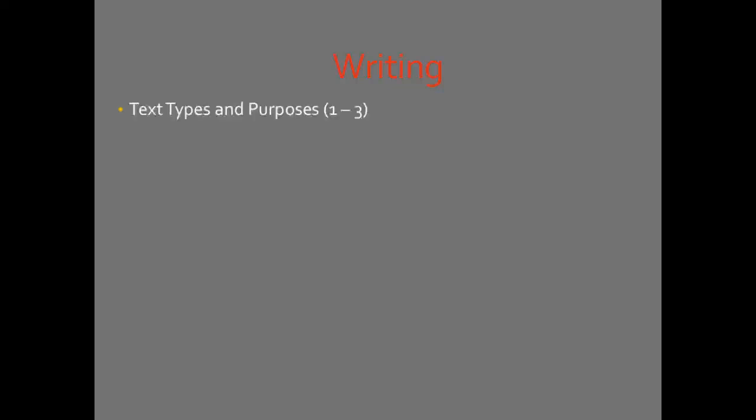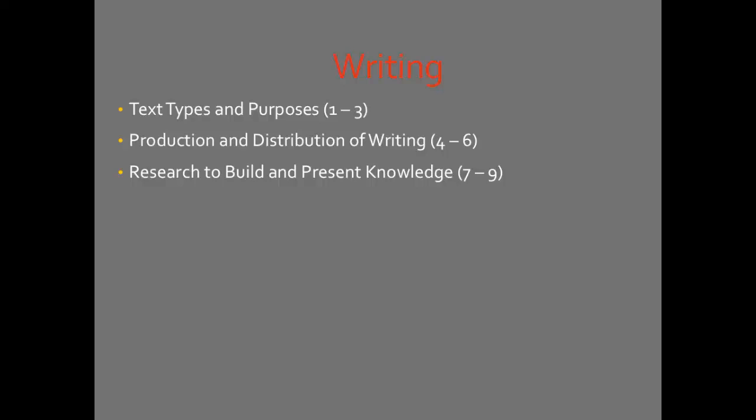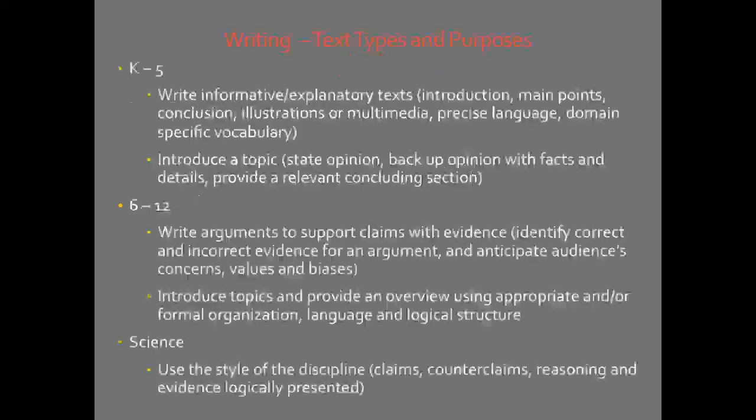So for writing, remember we have text types and purposes, production and distribution of writing, research to build and present knowledge, and range of writing. Again, range of writing is that students should be doing both shorter and longer term writing projects, so we won't spend much time on that.